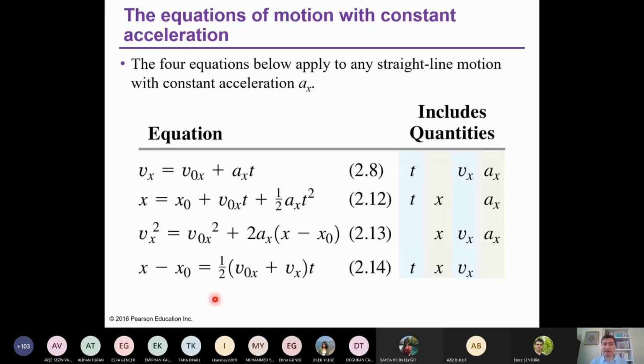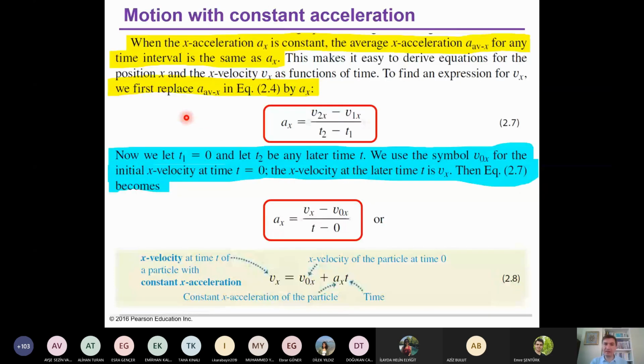Now I will try to get these 4 equations by doing some calculations. Now let's try to get this one, 2.8, first one. Actually, we have done it in the previous transparency, but let me show you here again. So when the x acceleration is constant, the average x acceleration for any time interval is the same as ax.